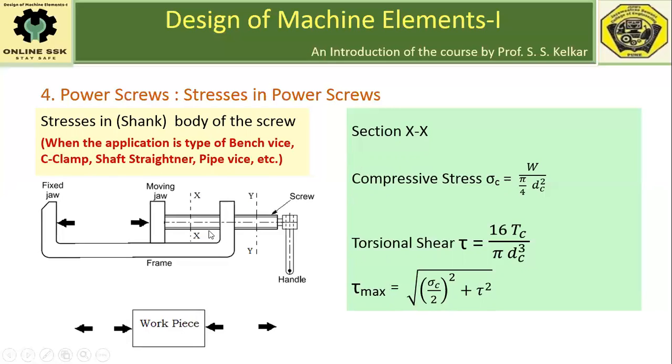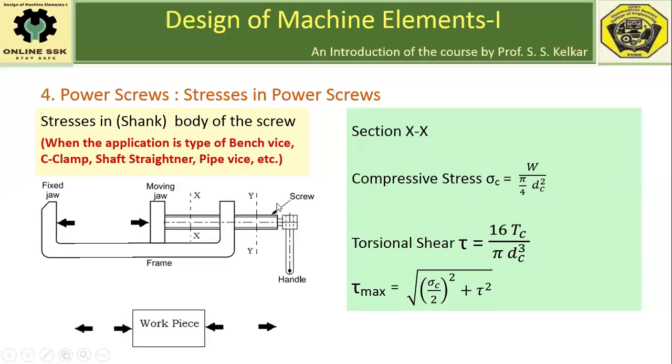This portion of the screw will be subjected to compressive stress, given by sigma c is equal to W upon pi by 4 Dc square. Pi by 4 Dc square is the cross-sectional area at the core of the screw.